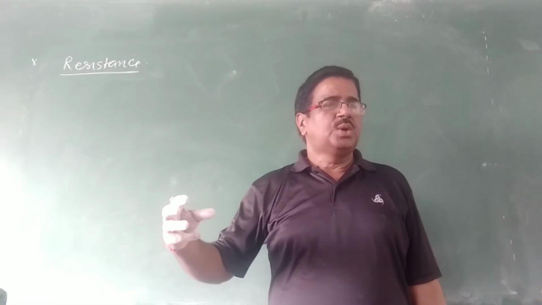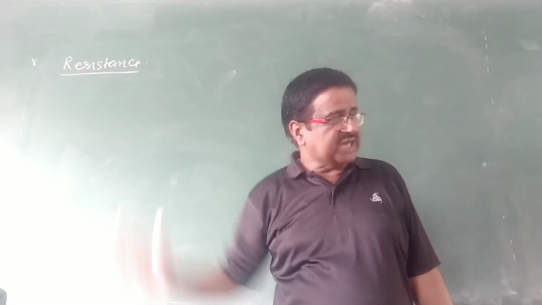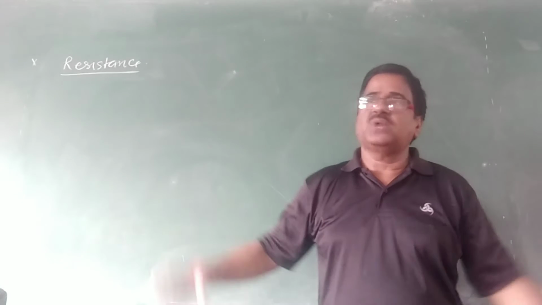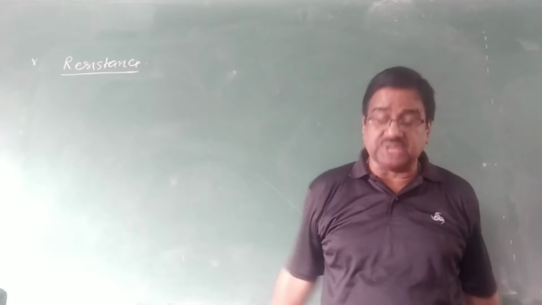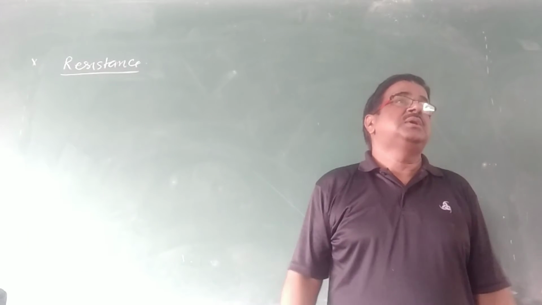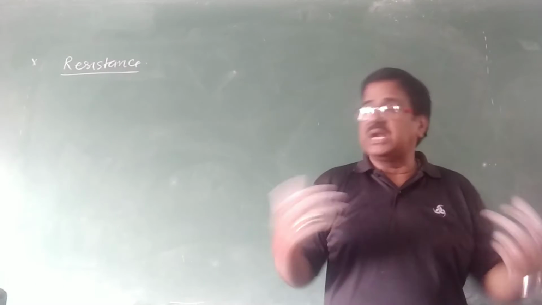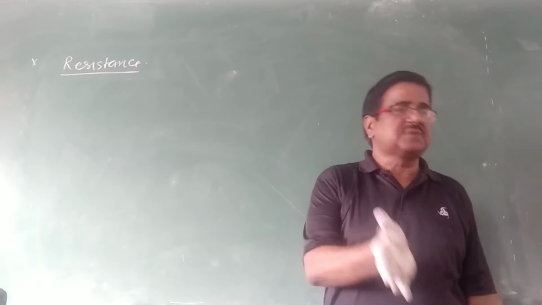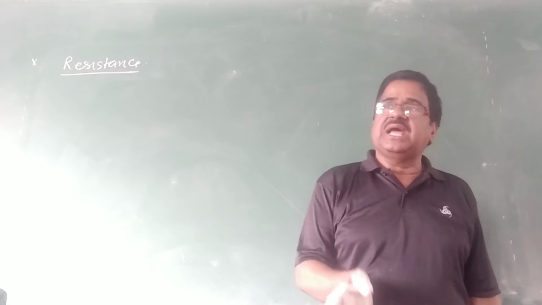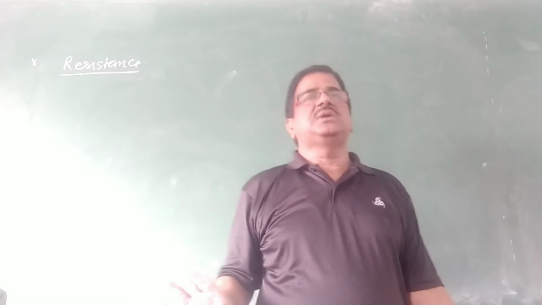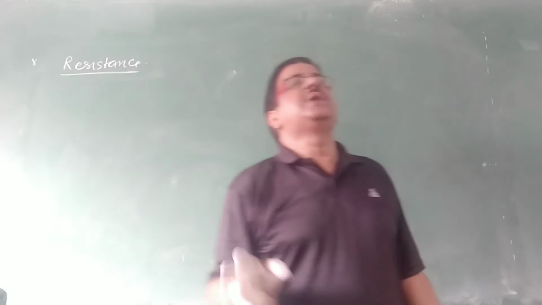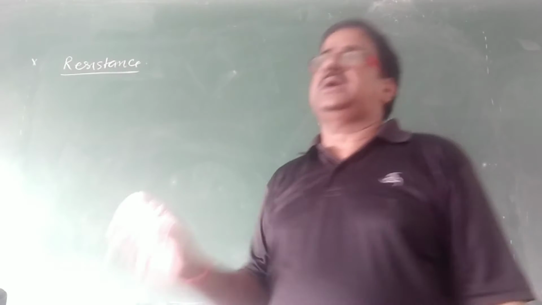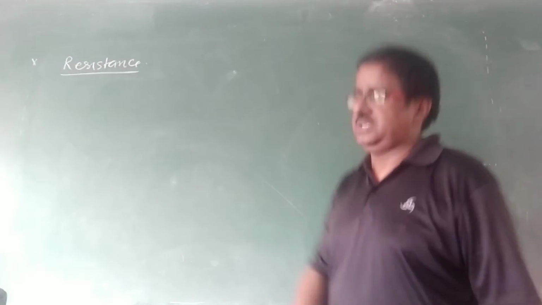Does it allow 100% of the charge to pass? Does it offer no opposition at all? It does. If its passing quality is 60%, then it is a conductor. If the conductor has passing quality of 49%, it will become a bad conductor, not an insulator, a bad conductor.